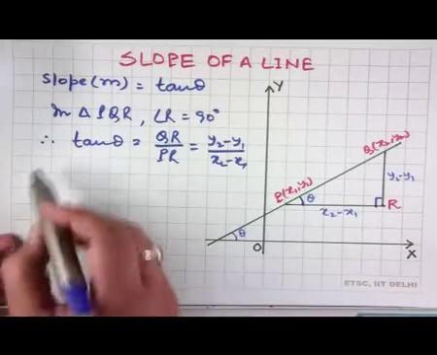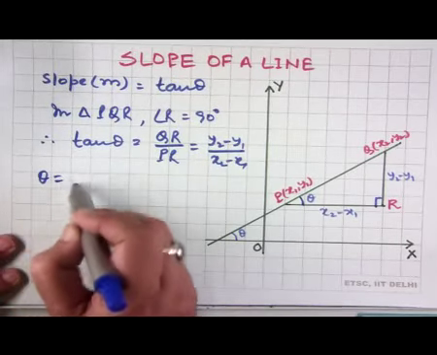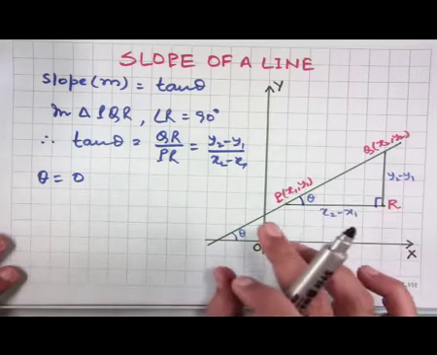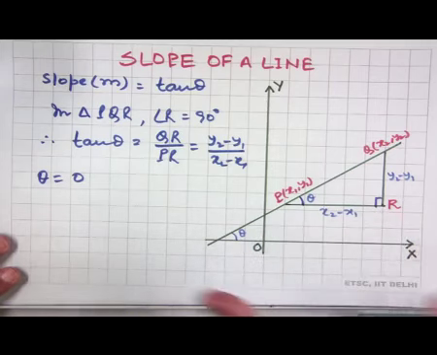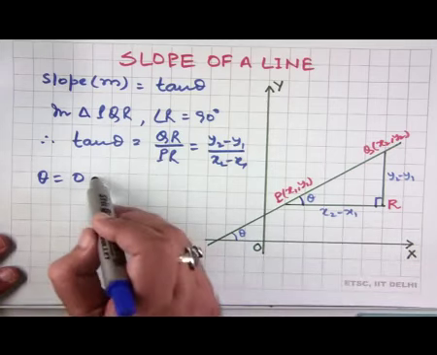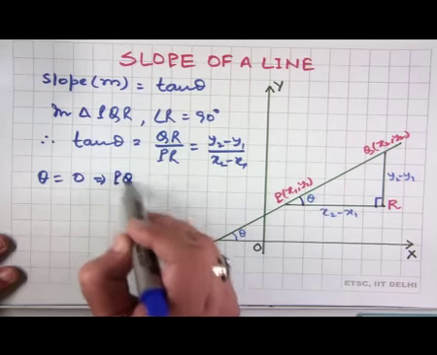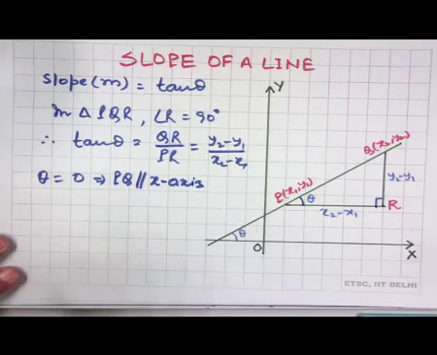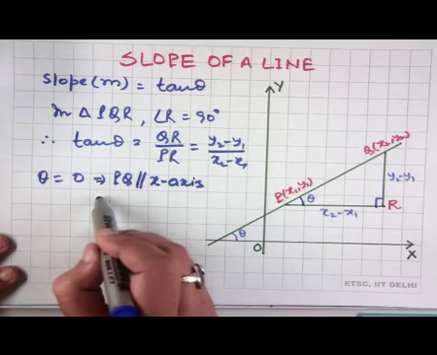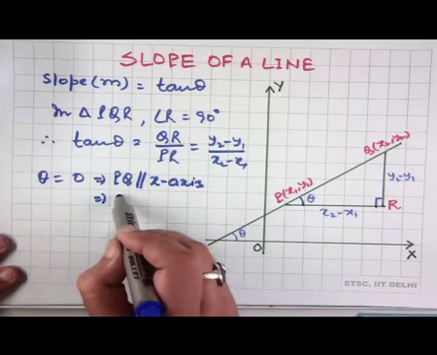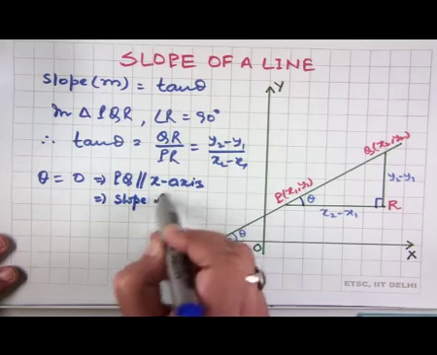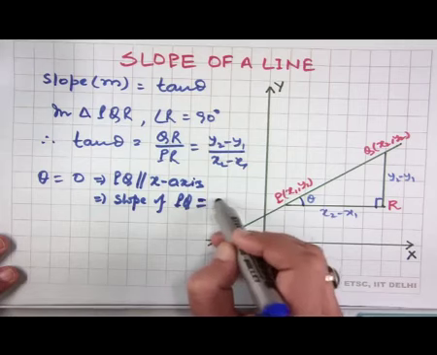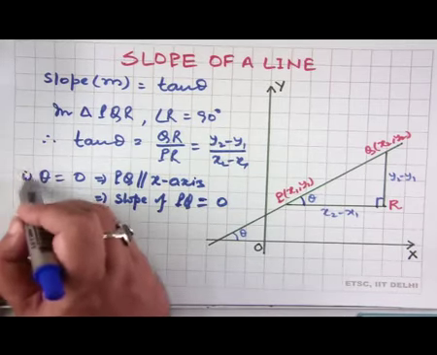Now suppose theta equal to 0, what does it mean? This line is parallel to the x-axis, means PQ is parallel to the x-axis. Then its slope, slope of PQ, equal to 0. This is first.